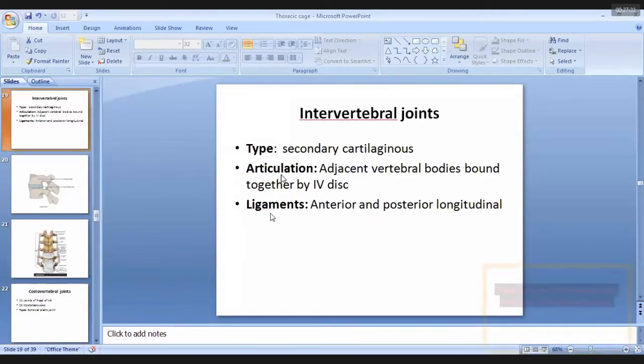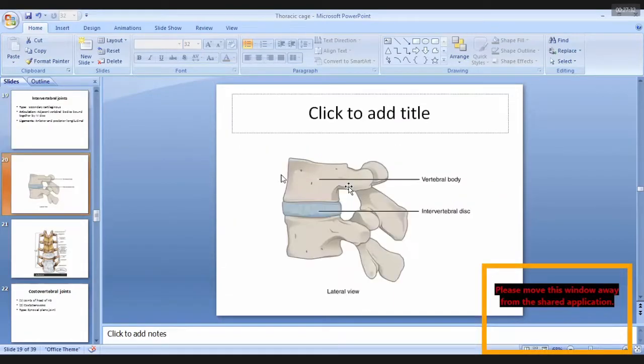The intervertebral joints, as the name indicates, are the joints present between the adjacent vertebral bodies, and they are bound together by the intervertebral disc. So the joint between the bodies of the adjacent vertebrae is connected by the intervertebral disc.